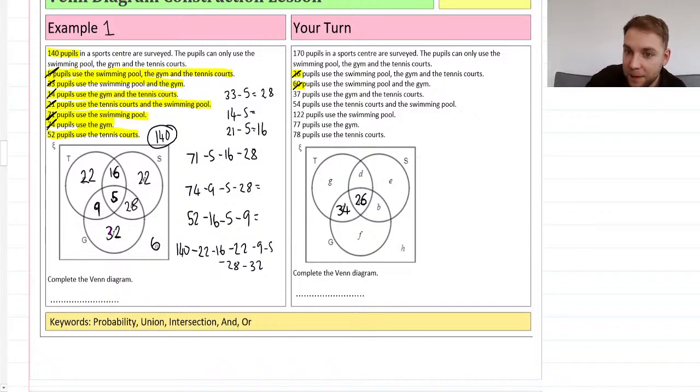The next one is gym and tennis court. So gym and tennis court is here. Oh, I put them in the wrong place, haven't I?